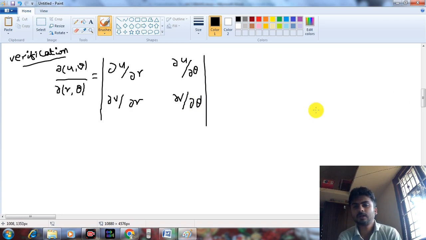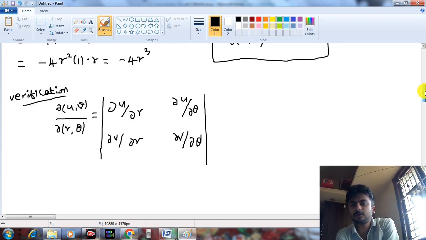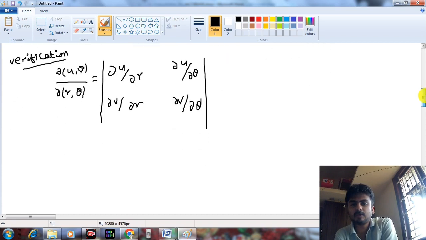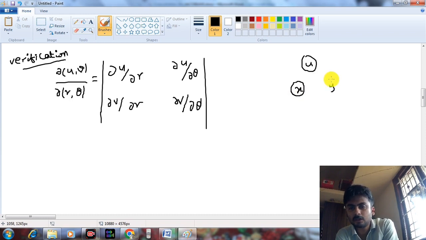Now for finding those things we have to make use of the formulas for total derivatives. Now u is a function of x and y, and both x and y are functions of r and theta.